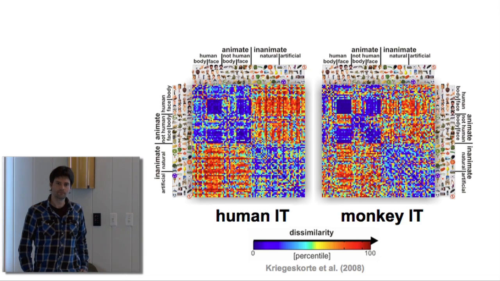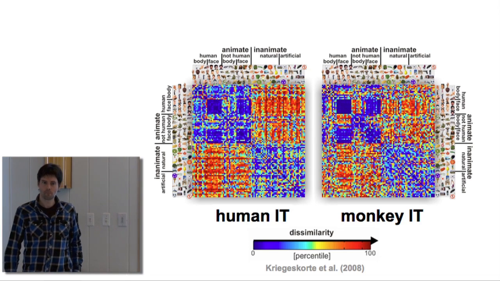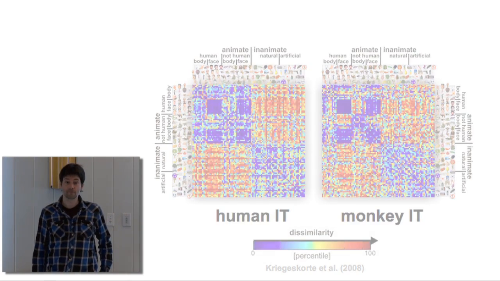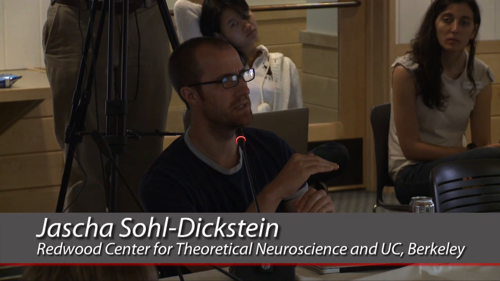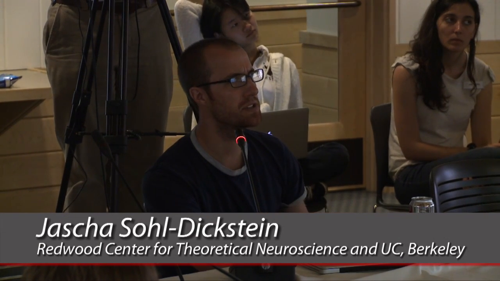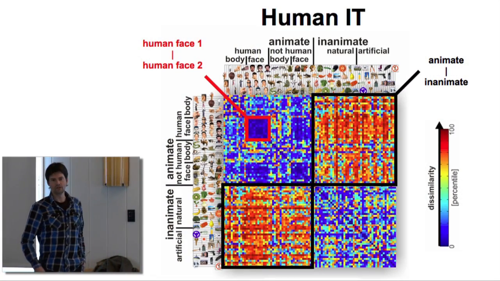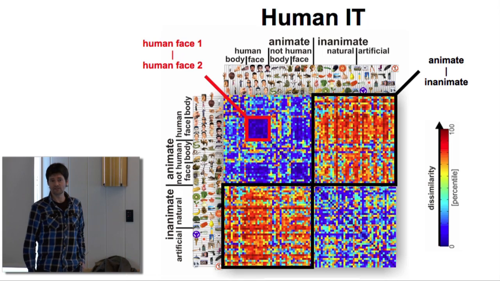Is there a question? I was just looking at the percentile scale, and I'm just wondering what range of actual correlations the 0 to 100 range on the percentile scale corresponds to. Oh yeah, I have that figure. I don't have it here. Maybe I'll show it to you afterwards. So here it's all rank ordered, so all the colors are equally frequent, and that emphasizes the distinctions.